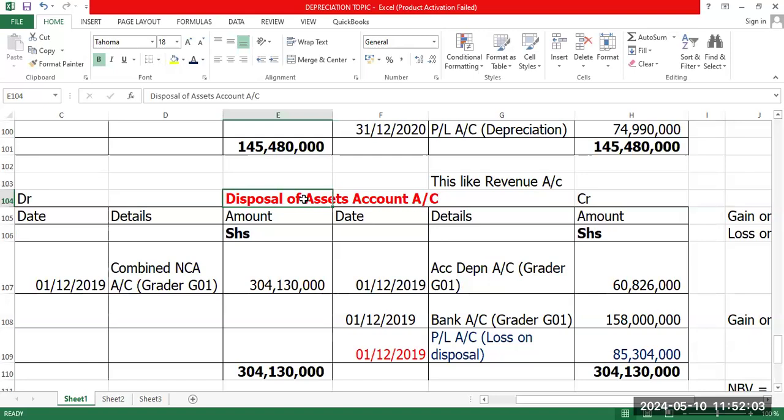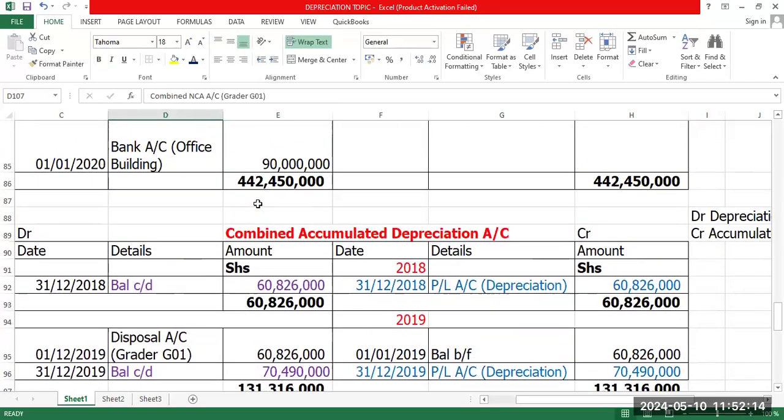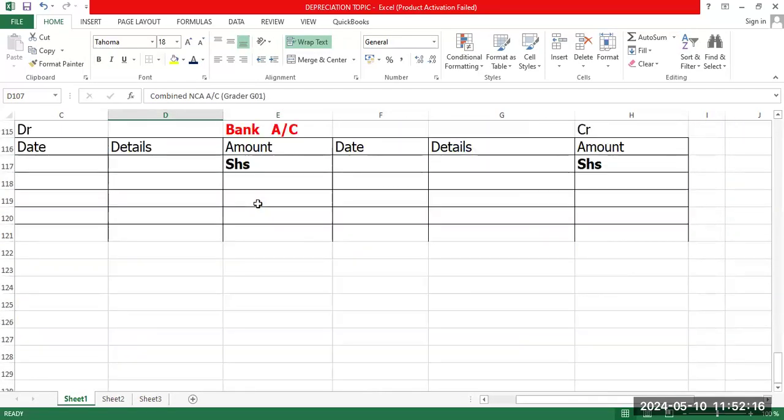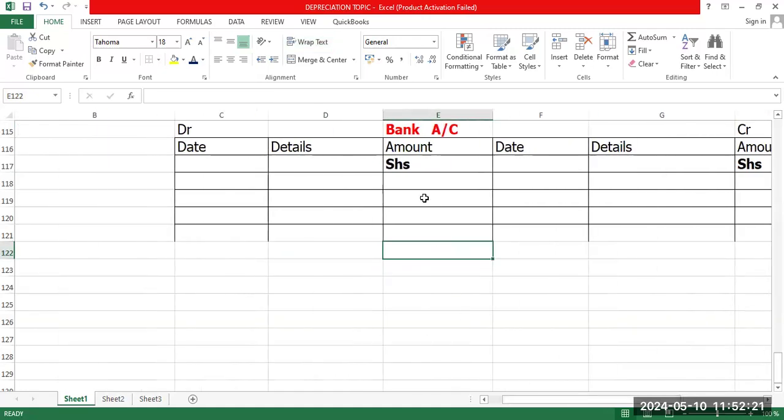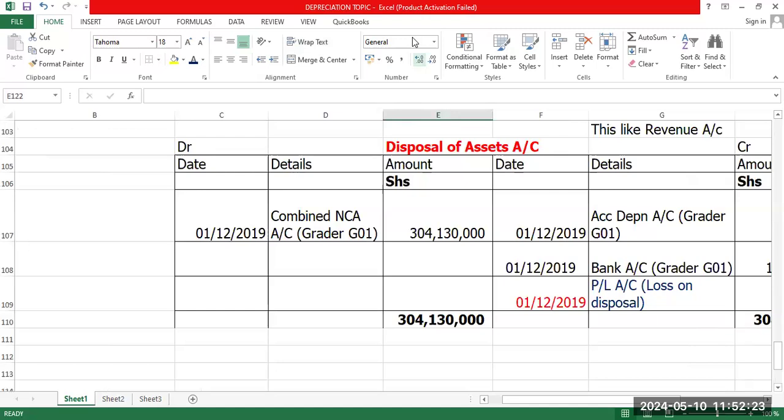Here you cannot say disposal of assets account. That loses the meaning. So you remove this. Are you done? Yes.